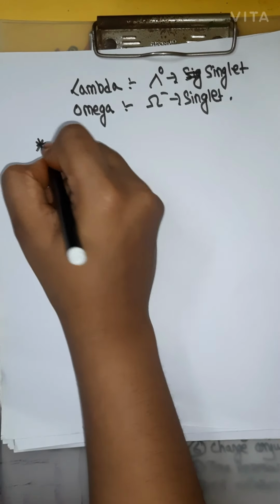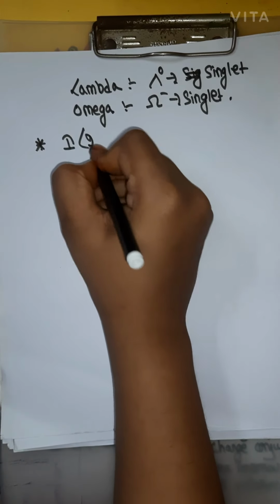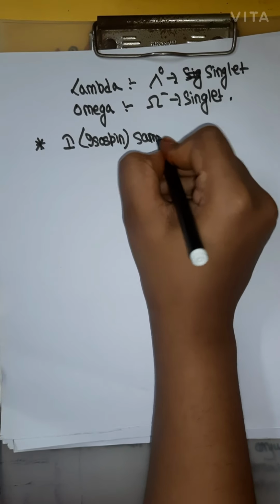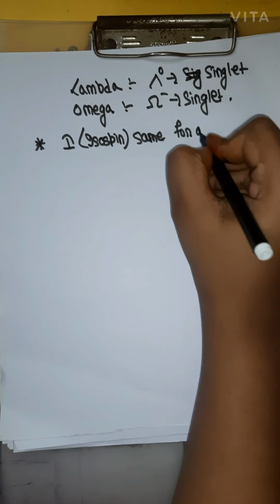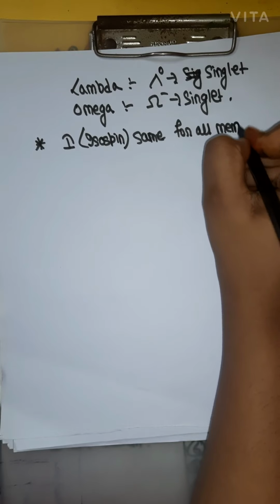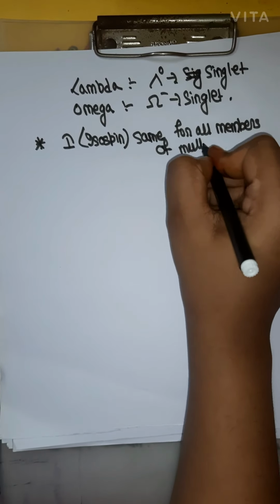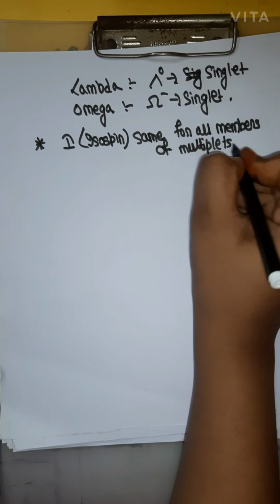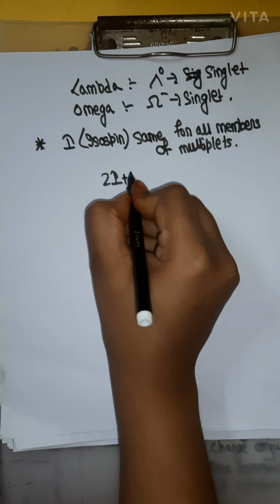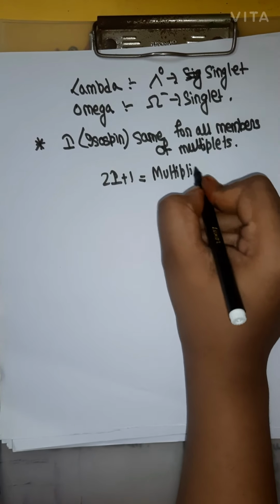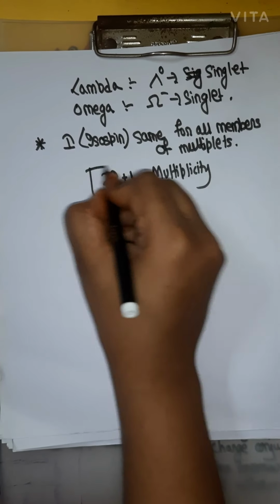Now note that I, that is isospin, is the same for all members of a multiplet, and 2I plus 1 is known as multiplicity.